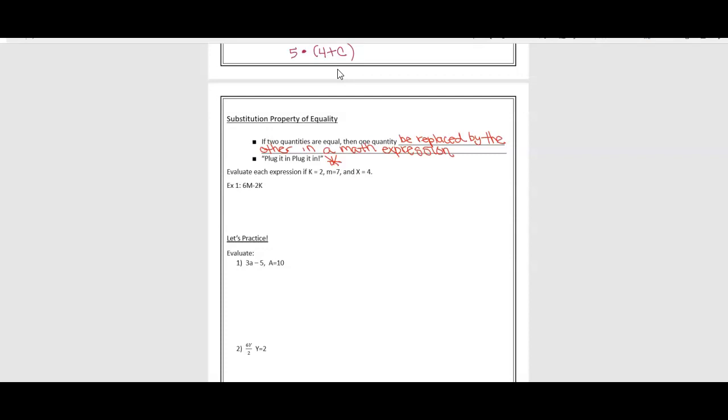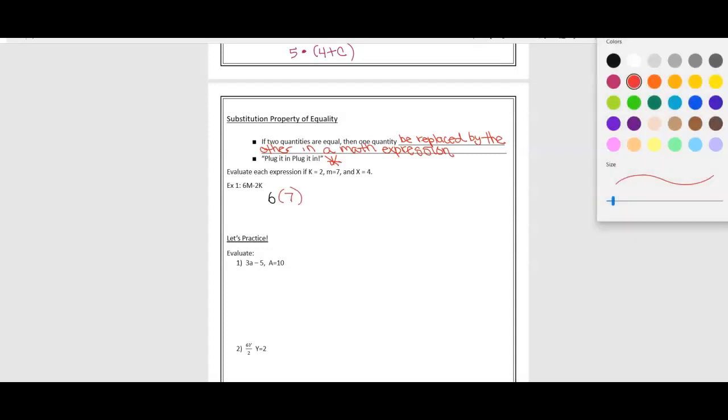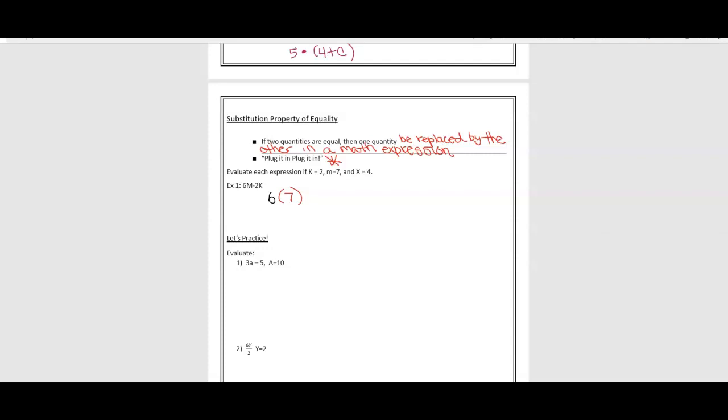Okay, so in this example, we have 6m minus 2k. So, remember, anytime you have a number next to a variable, it means to multiply. So I have 6, I'm going to multiply it by m. But what is m? It's 7. So I'm going to plug in 7. So it's going to be 6 times 7 minus 2 times k. But what is k? 2.